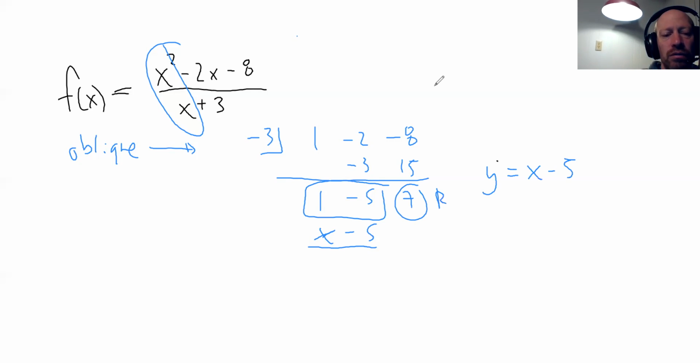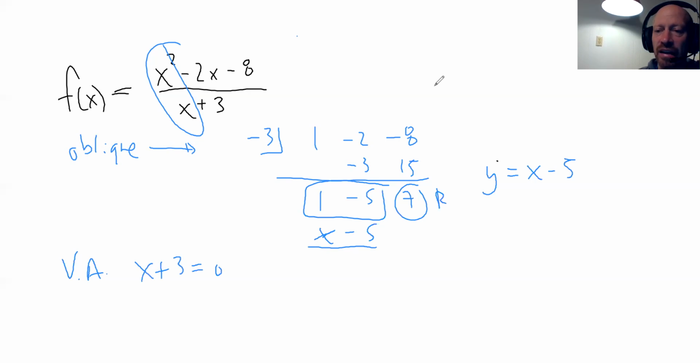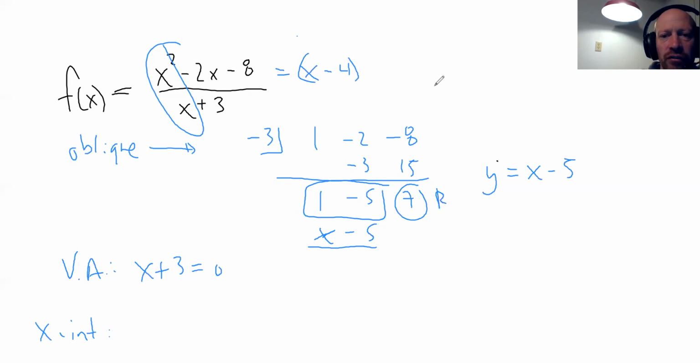We also are interested in the vertical asymptotes. The vertical asymptote is where the bottom equals 0, as long as the top does not equal 0 as well. So at the same time, I want to check for x-intercepts. The x-intercepts happen where the numerator equals 0. The numerator here in its factored form is x minus 4 and x plus 2.